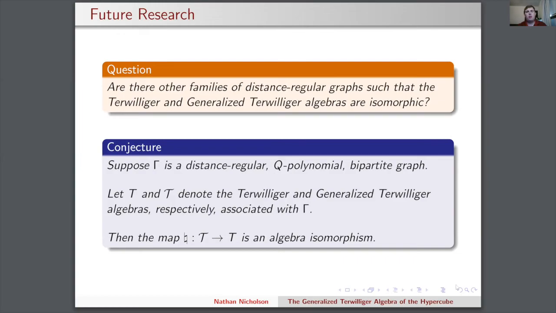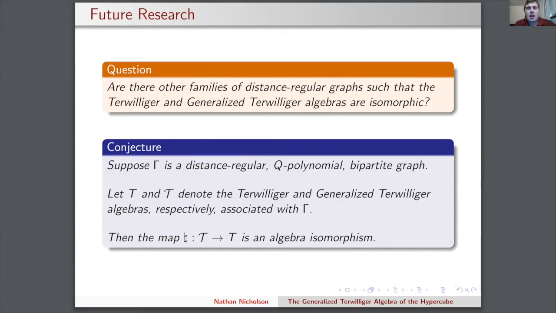And so the natural question, right, is because these hypercubes, I mean, they come up a lot, but it's a pretty narrow family of graphs, right? So we want to know, are there other families of distance regular graphs in which the same phenomenon occurs, where the concrete T algebra and the generalized T algebra are isomorphic, maybe broader families. And so our next conjecture that we're working toward now is we suppose that gamma is a distance regular Q polynomial bipartite graph, right?